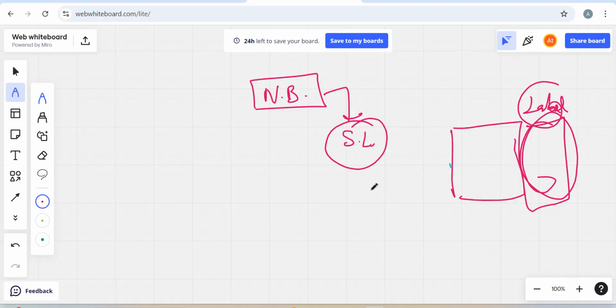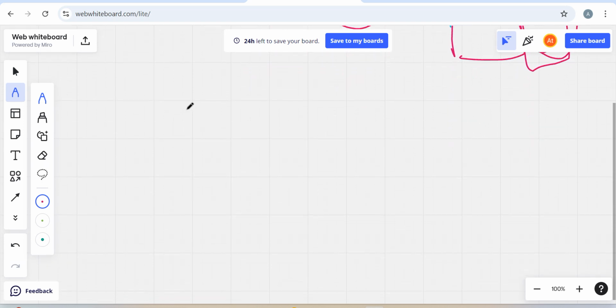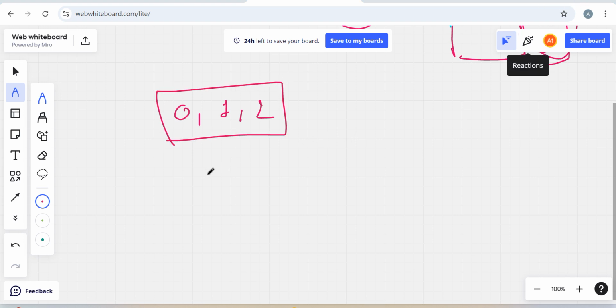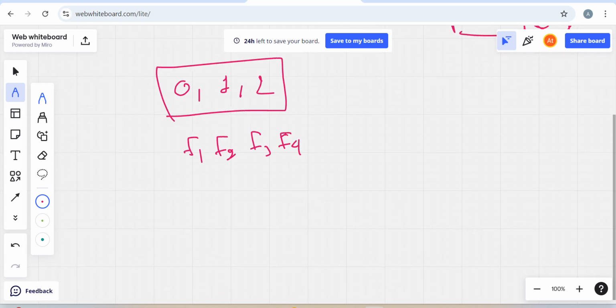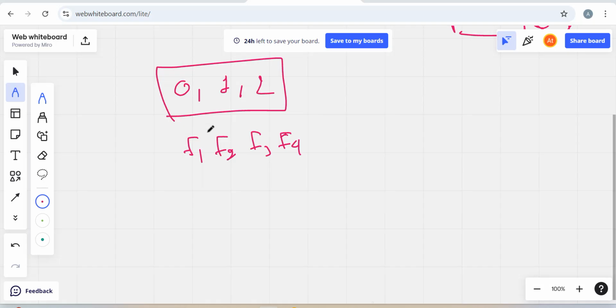So let's first discuss how the naive-Bayes classifier works. It's a probability technique. In our data there are three classes: 0, 1 and 2, and there are four features: feature 1, feature 2, feature 3, feature 4, and this is the target.